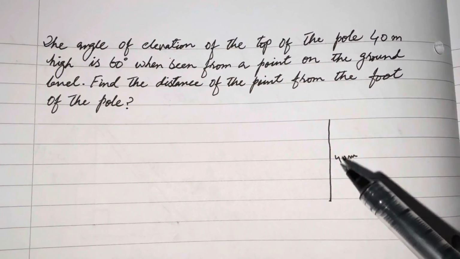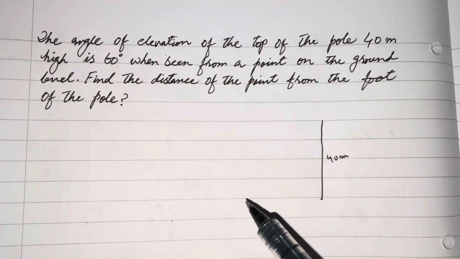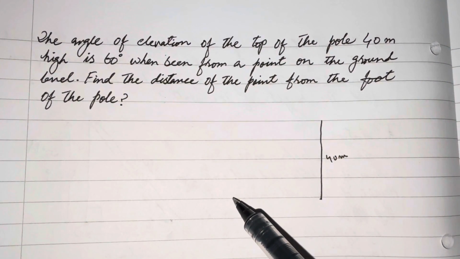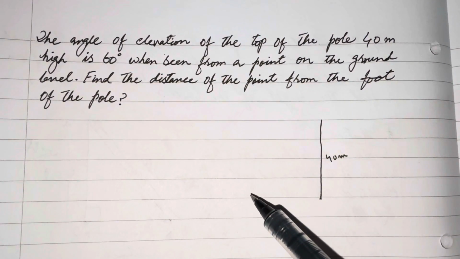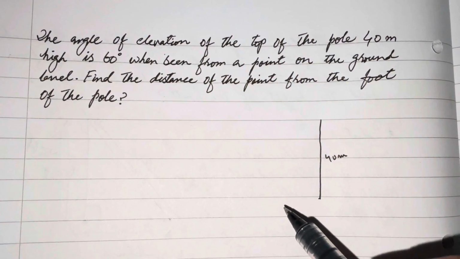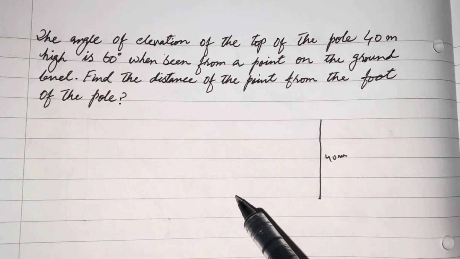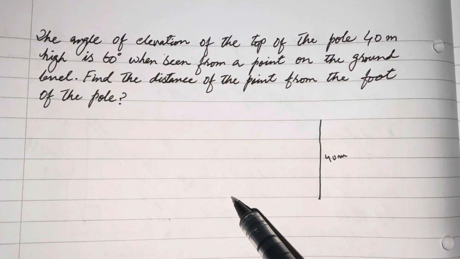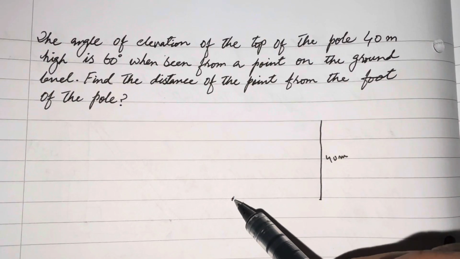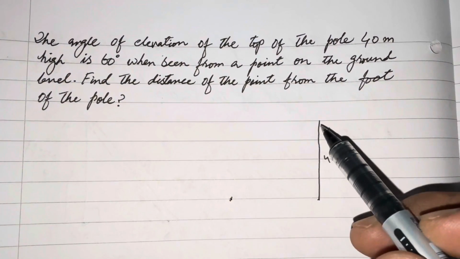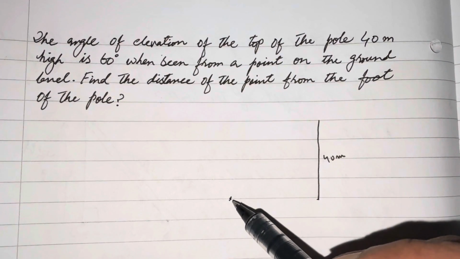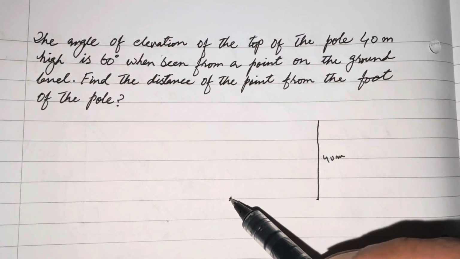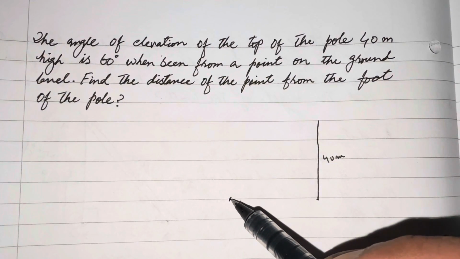That angle of elevation is always making from the bottom to the top. So if we join this point to the top of the pole, then the angle on this point is called the angle of elevation.